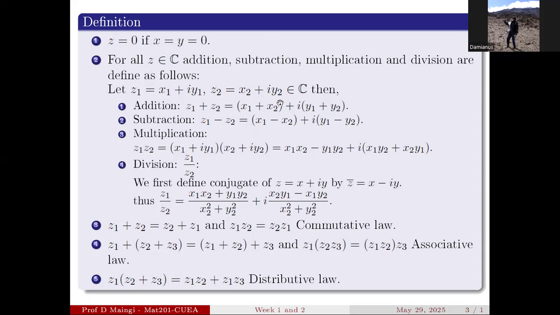Then what you multiply with, you also divide by. So you also divide by the same complex conjugate. In other words, your fraction is X1 plus iY1 over X2 plus iY2 times X2 minus iY2 over X2 minus iY2.